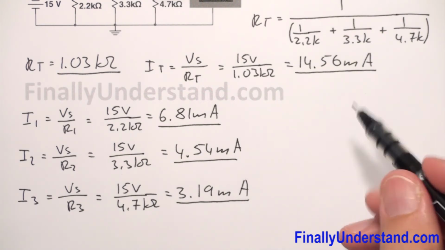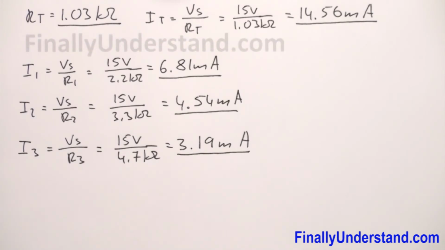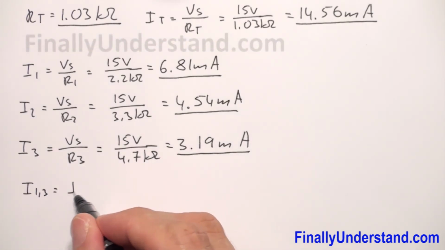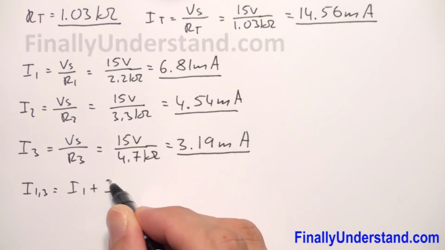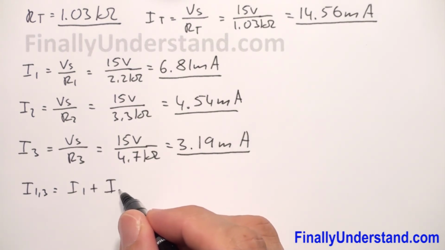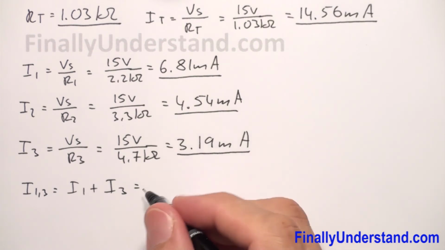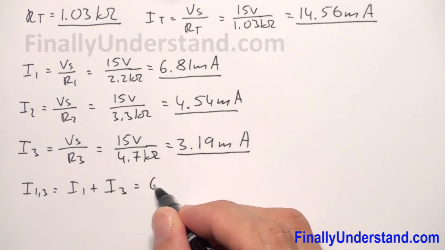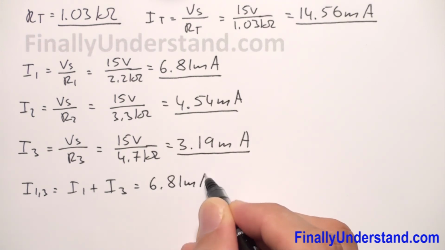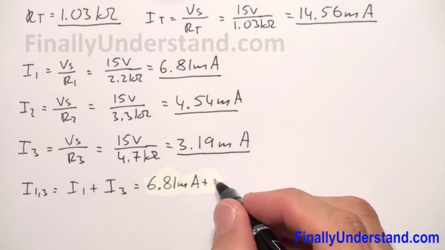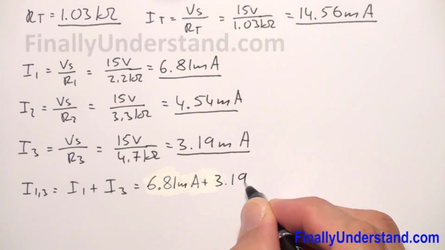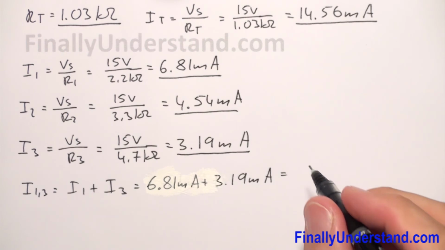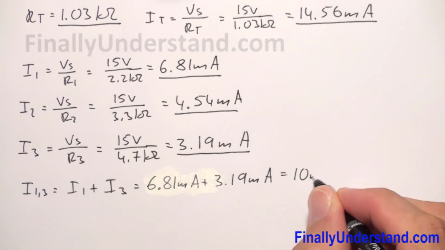So I can say that I13 is equal I1 plus I3. Let me write this down. My I1 is equal 6.81 milliamps plus I3, which is equal 3.19 milliamps, is equal 10 milliamps.